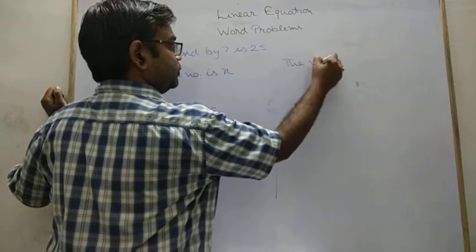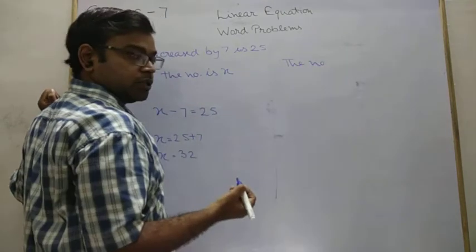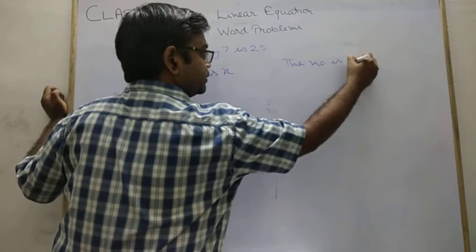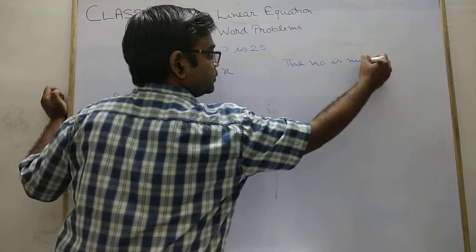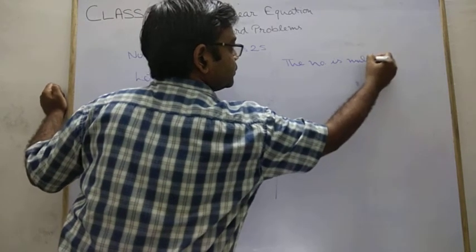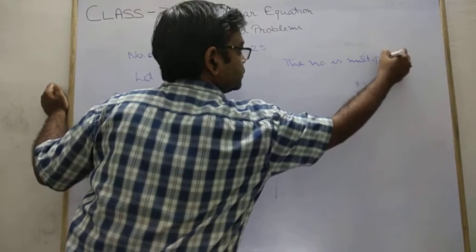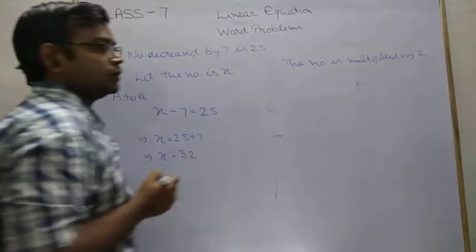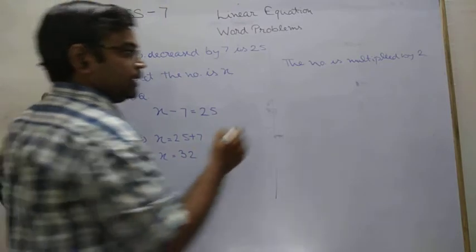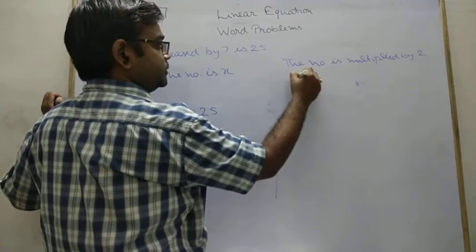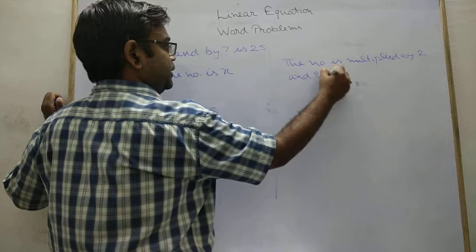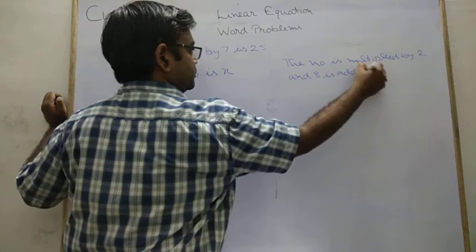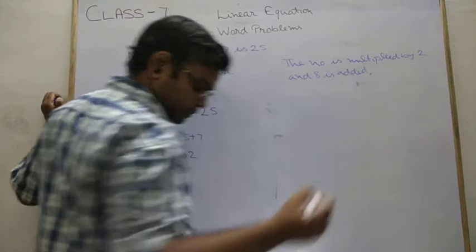I am writing what the question asked: the number is multiplied by 2 and 8 is added. The result is 50.